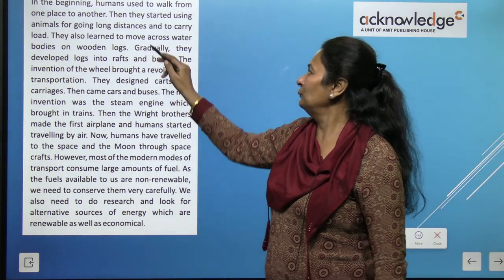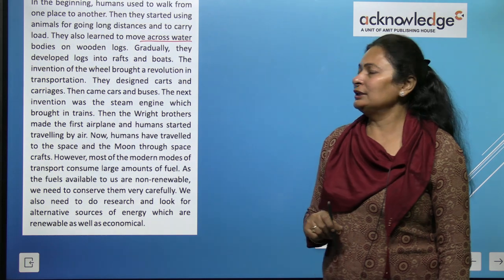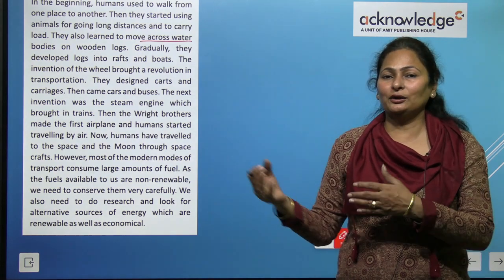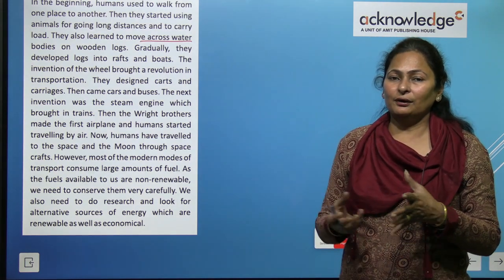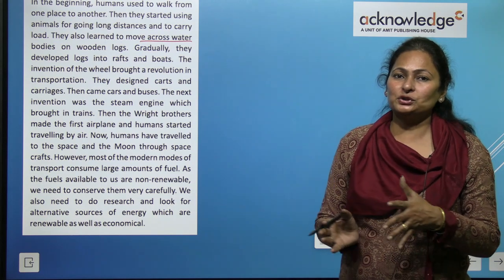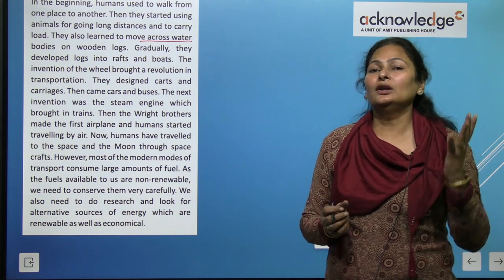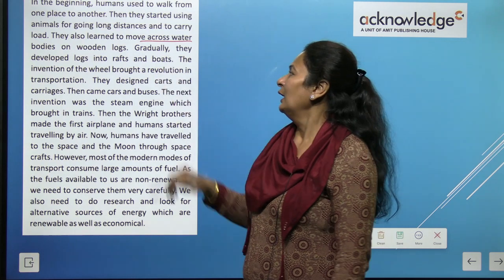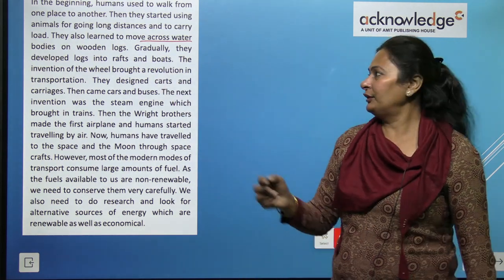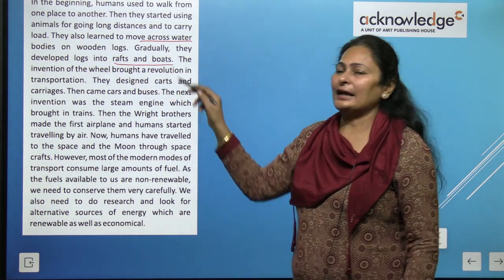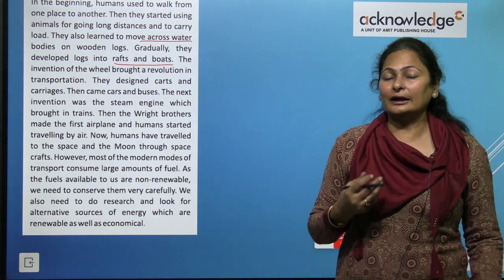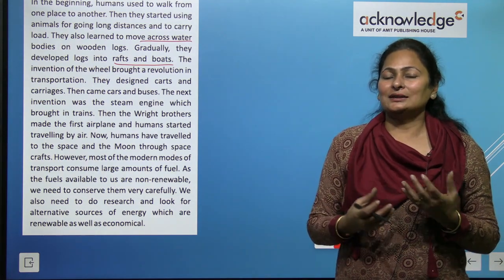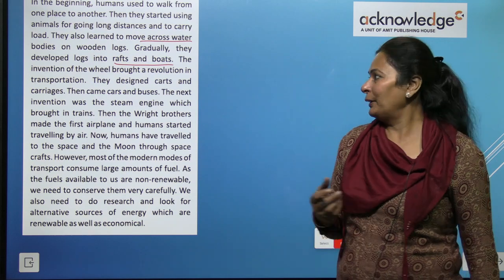They also learned to move across water bodies on wooden logs. How did they cross the river or lake? They used simple wooden logs. Gradually, rafts and boats were crafted later on as knowledge came, as time passed.